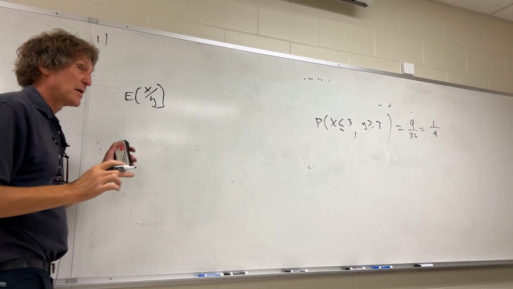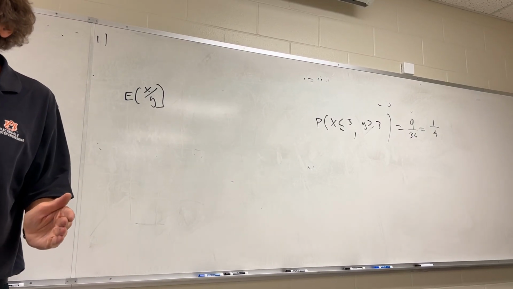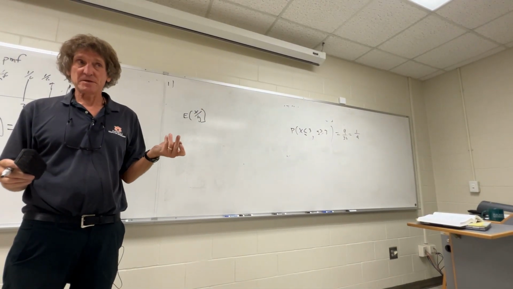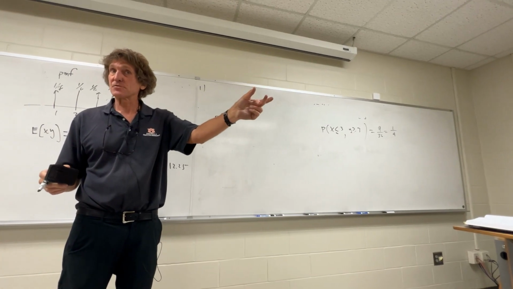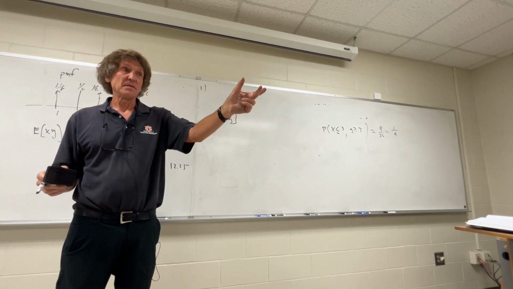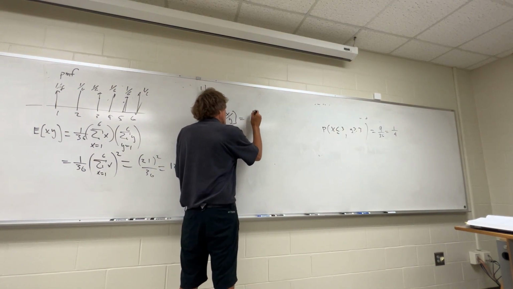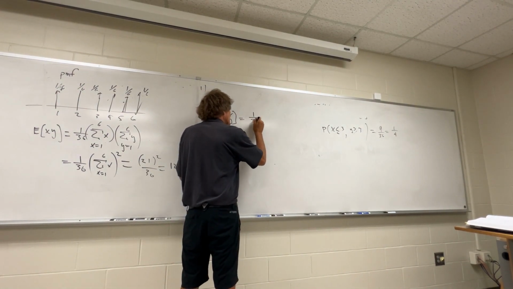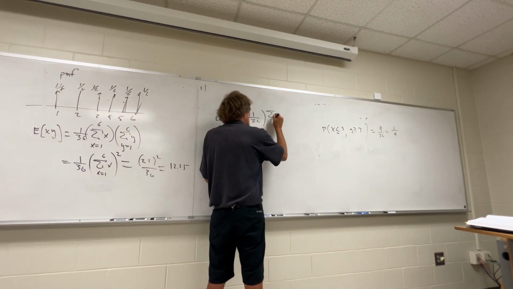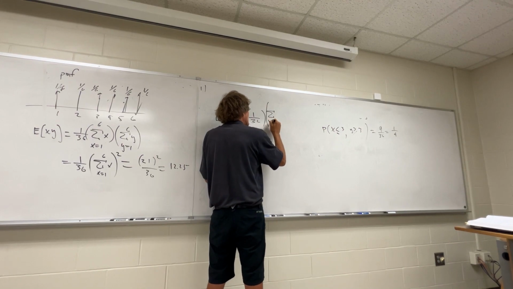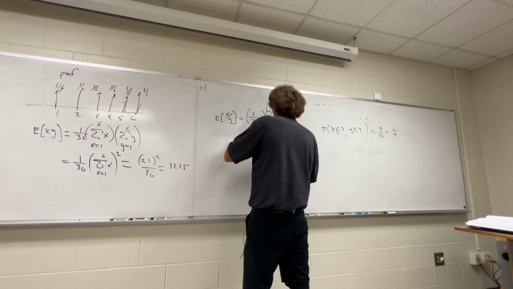Remember, the density function is just 1/36 for every possible value. So I'm going to take that out in front of this summation. Normally the density function would be inside the integration. Then you put the actual function you want the expected value of in there. So this is going to be 1/36. That's just the density function. Now I have to sum up on x first, from x equals 1 to 6 of just x.